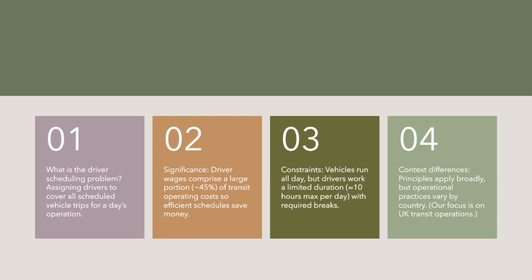But scheduling staff is vastly harder than scheduling vehicles. A diesel bus will happily circle all day if you keep it fueled, but a human driver cannot. Hard safety and legal limits apply.